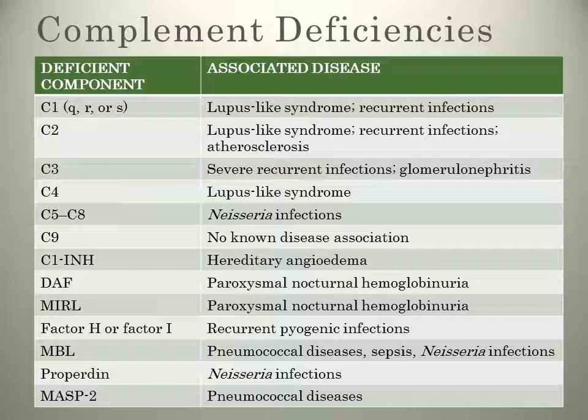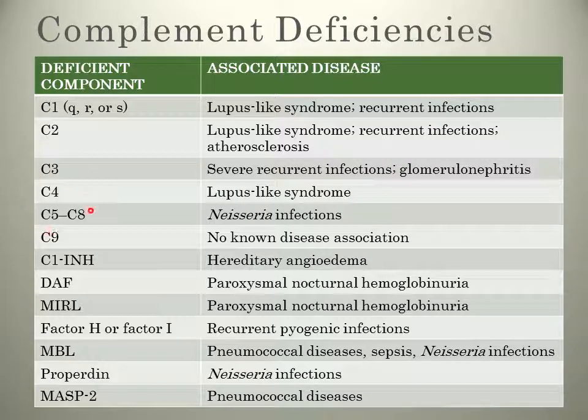What I want to point out specifically, remember we said C3 is kind of the linchpin of everything because we have to convert C3, which then activates and converts C5. People who don't have any C3 have severe recurring infections, and in fact, they may not survive the first portion of their life. And we do address that in one of the case studies.